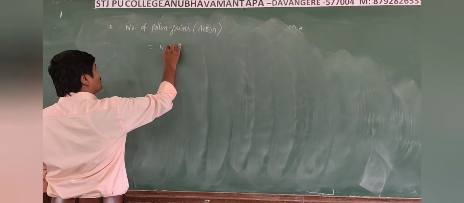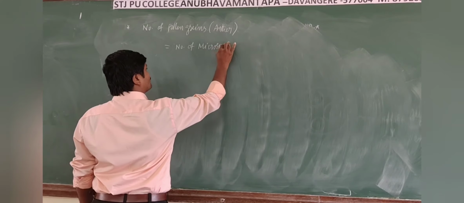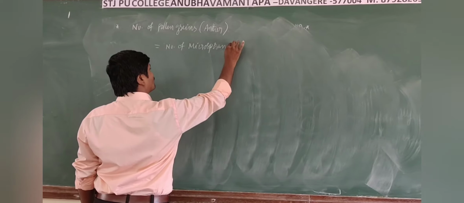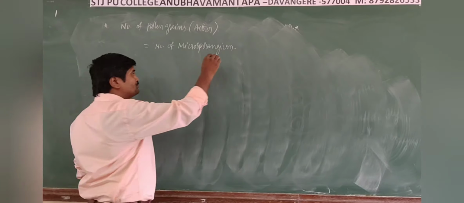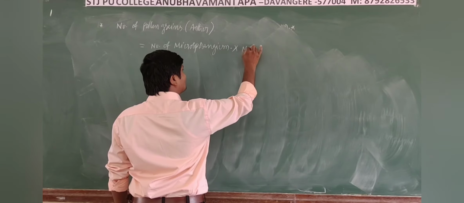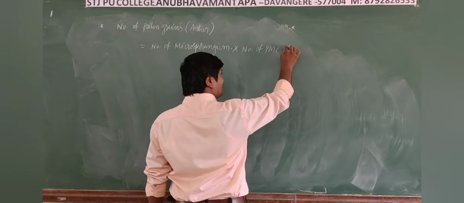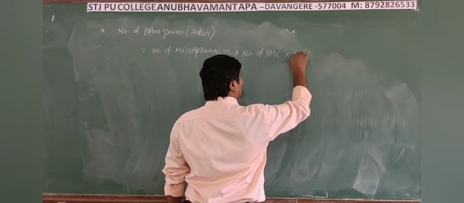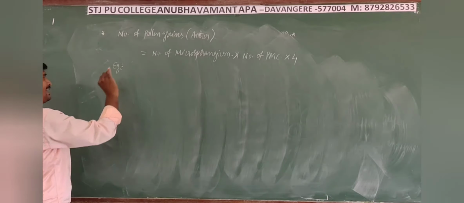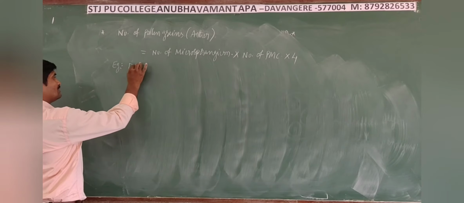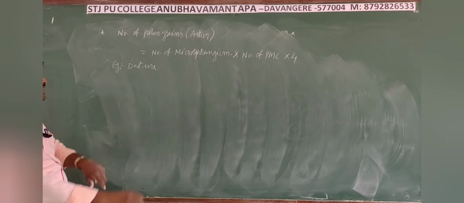The number of microsporangia into the number of pollen mother cells into 4. For example, take one flower's anther, Datura, a plant belonging to the Solanaceae family.